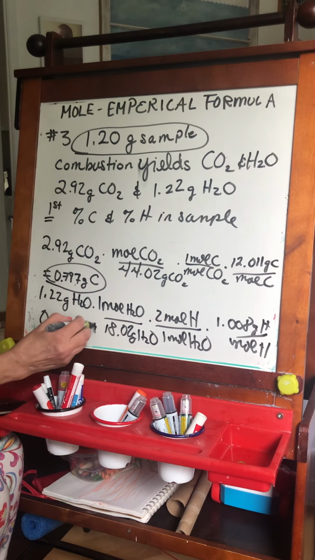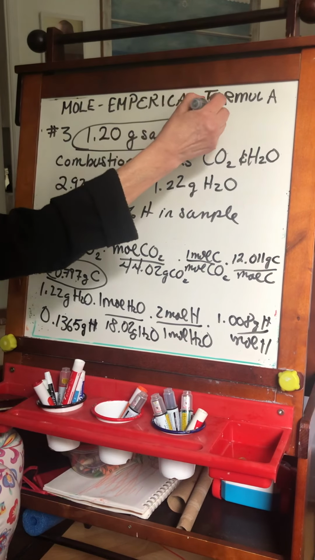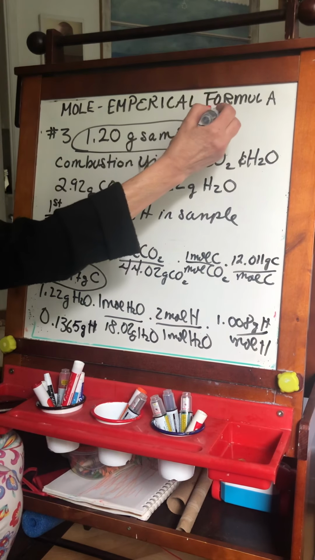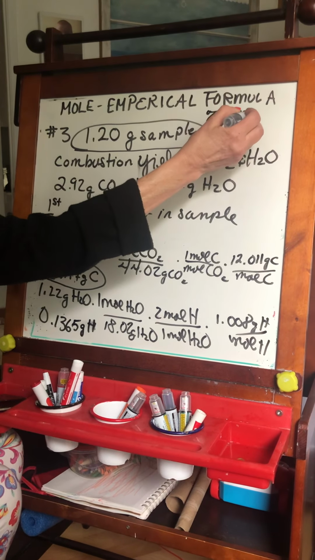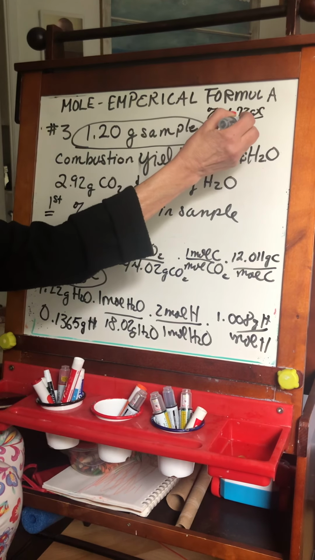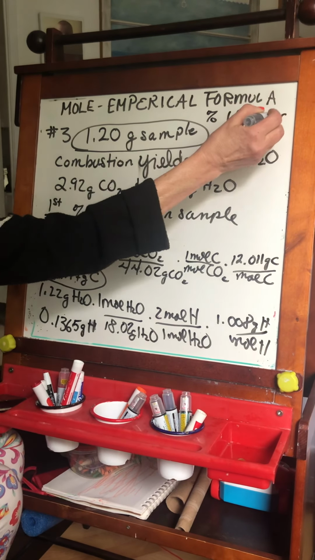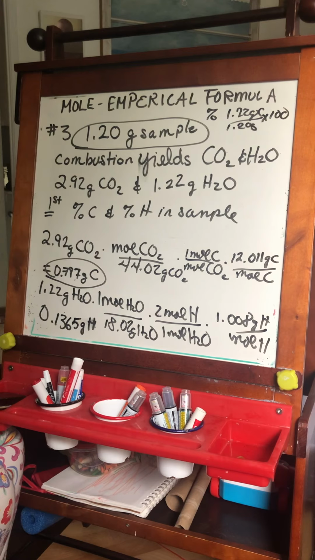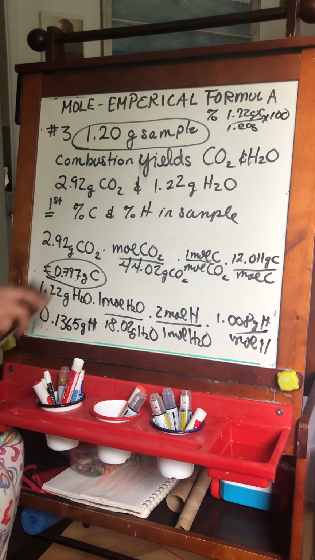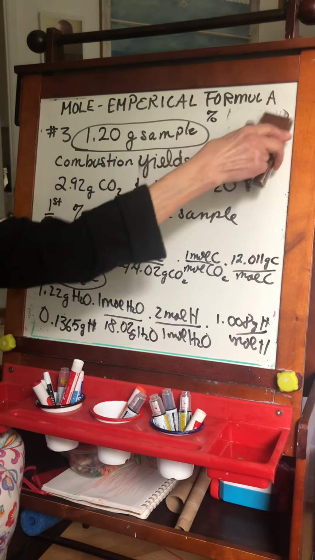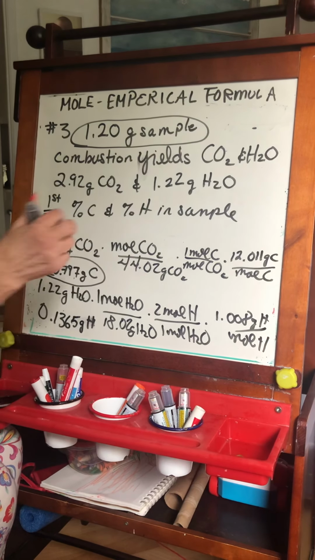Okay, so I'm going to find the percent carbon is 1.22 grams over 1.20 gram sample times 100. That doesn't make any sense, does it? How could it be more than the sample? Oh no, I'm sorry, I did the wrong thing. I'm sorry, guys.